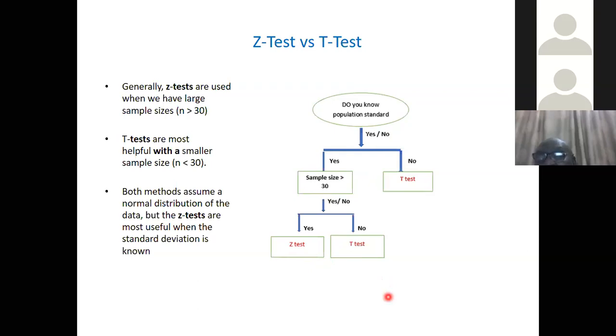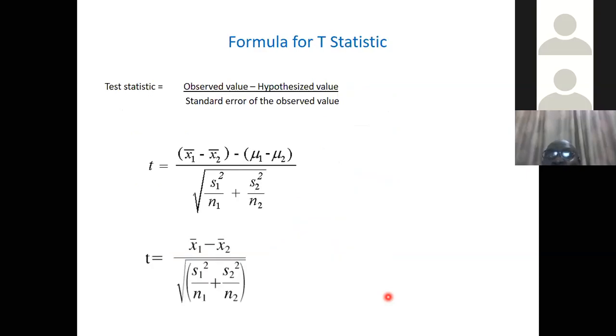And that is why, since you can use T distribution anytime, you cannot use Z distribution anytime. When the T distribution approximates Z, it gives the same answer also.